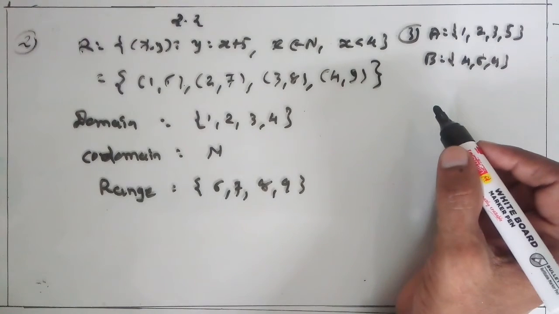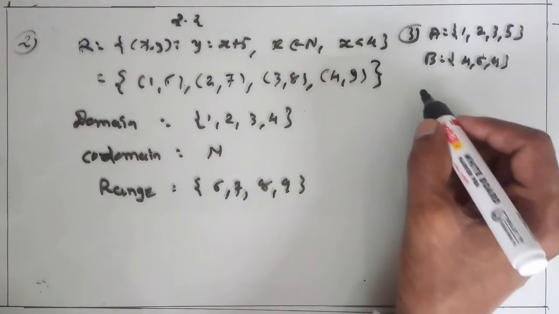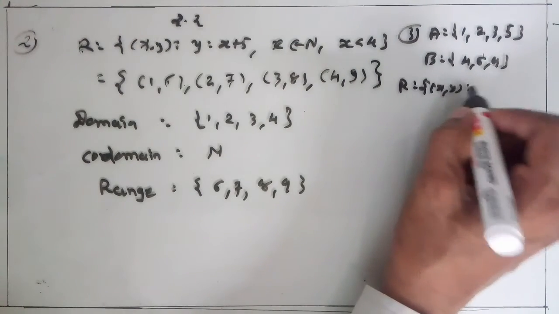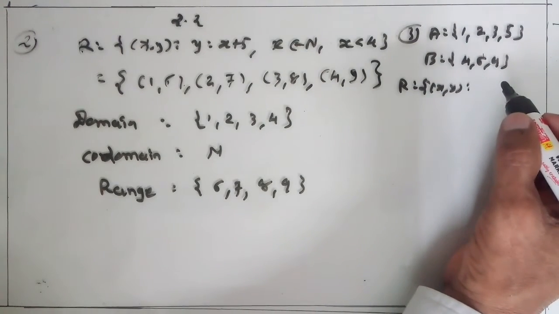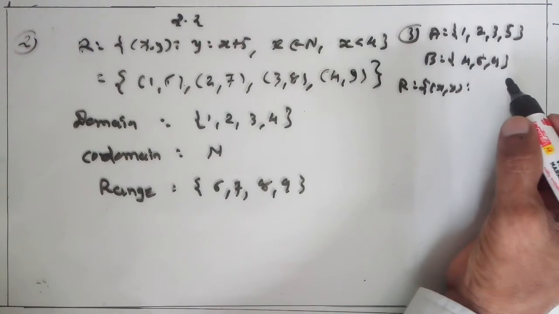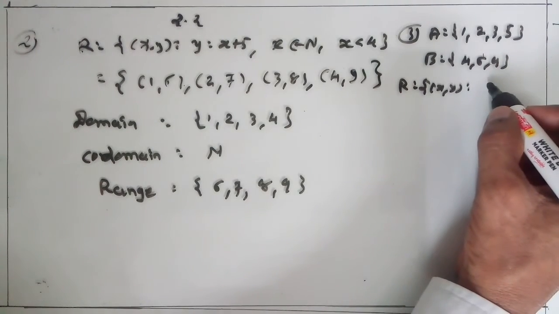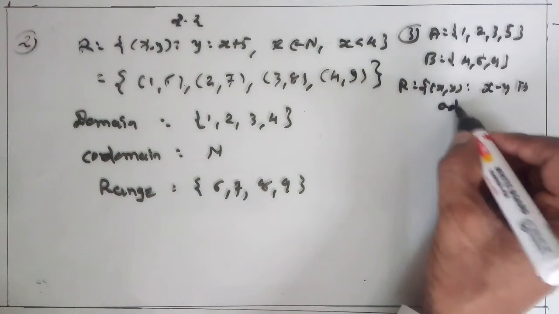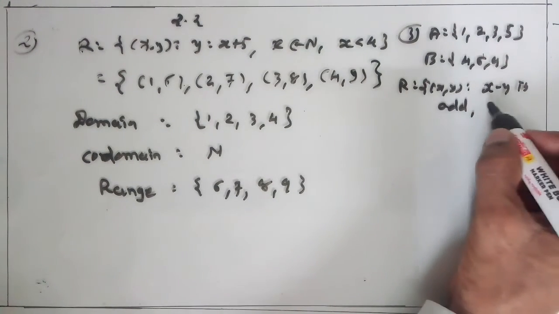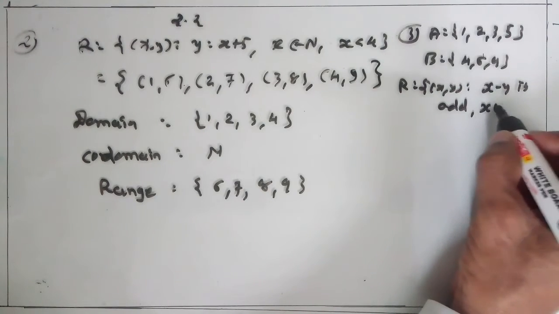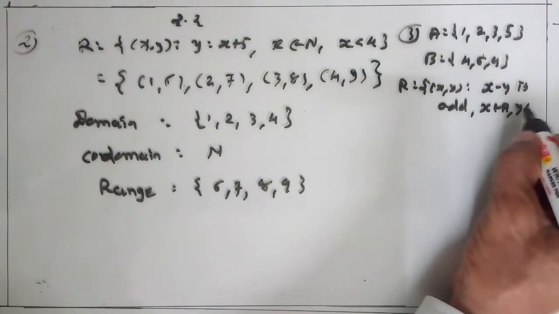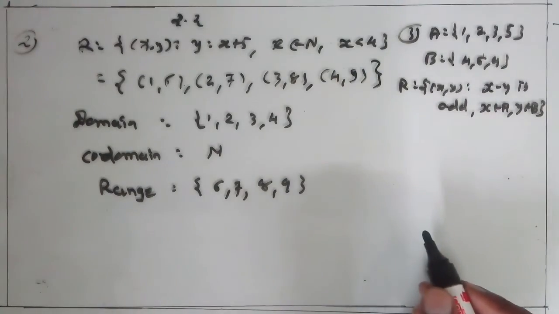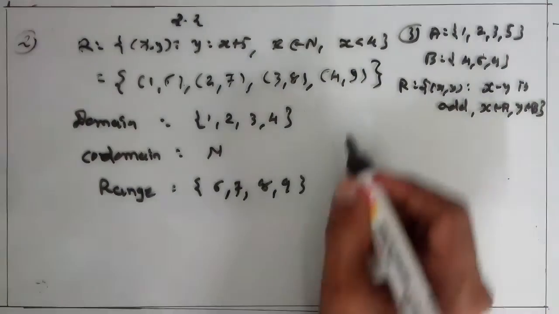Define a relation R from A to B. R equals {(x, y)} such that the difference between x and y is odd, x minus y is odd, where x belongs to A and y belongs to B. Write R in roster form.